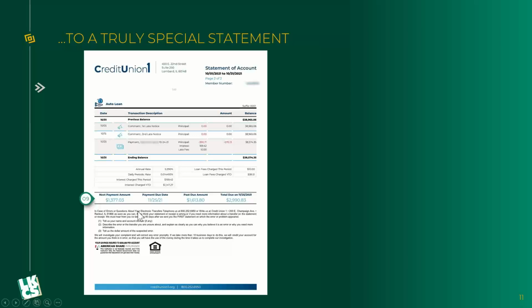And we can do obviously the same thing for loans, but we're calling out information that's important to the user, right? We're showing them very clearly what their next payment amount is, payment due date, past due amounts, total due. Making it easy for that customer or member to understand their account activity.